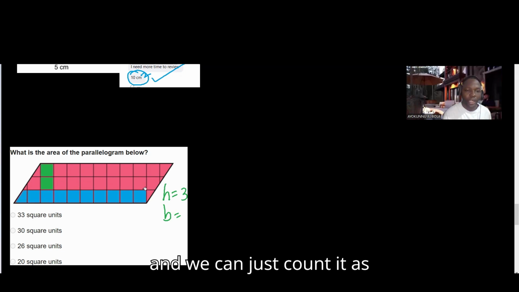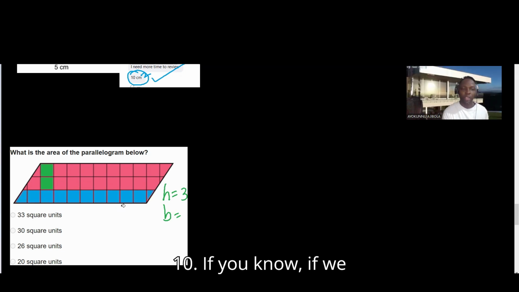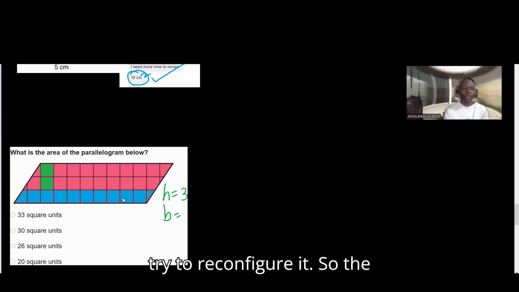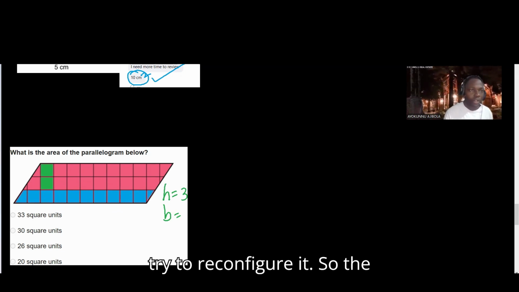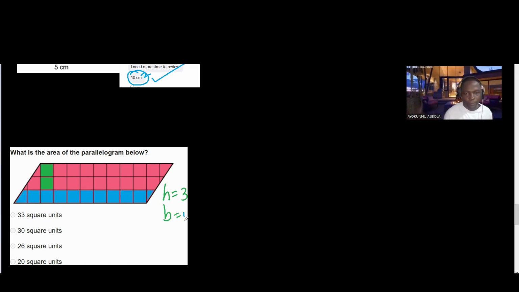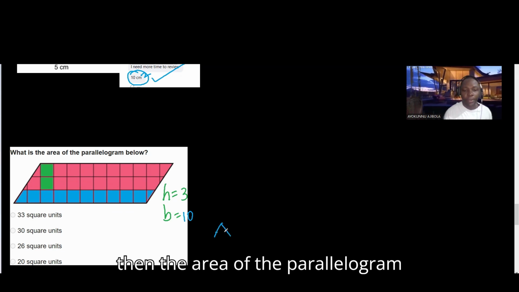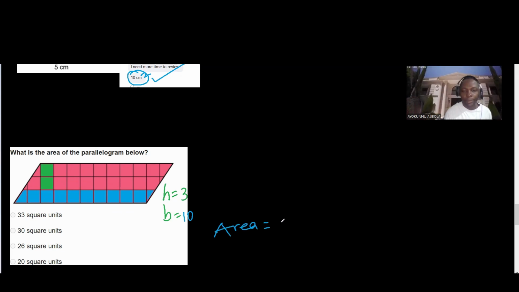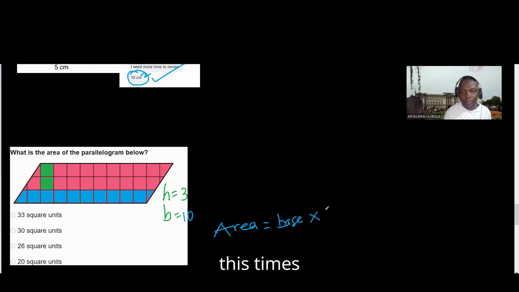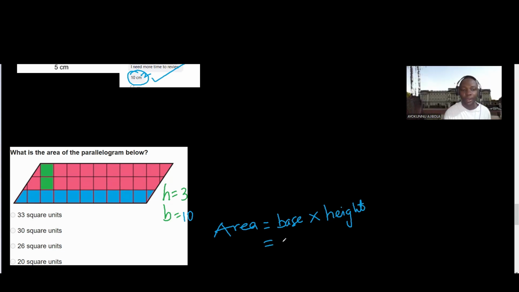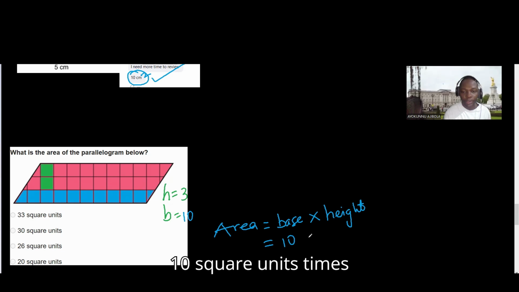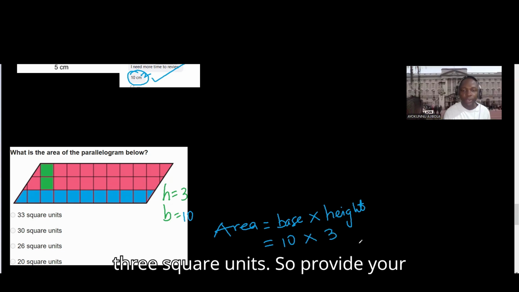And we can just count it as 10 if we reconfigure it. So the base is going to be 10. Then the area of the parallelogram is base times height, which is 10 times 3.